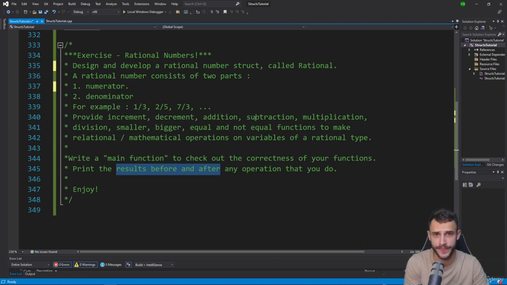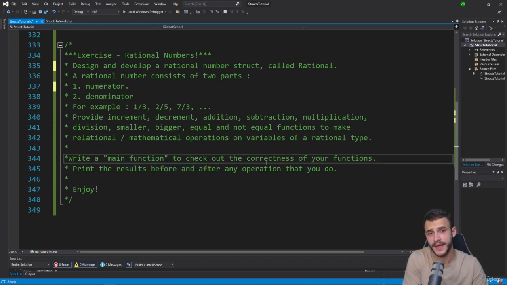You can also use a calculator, or something on the internet, to test the results of your program against something that should give you the correct answers. So good luck.